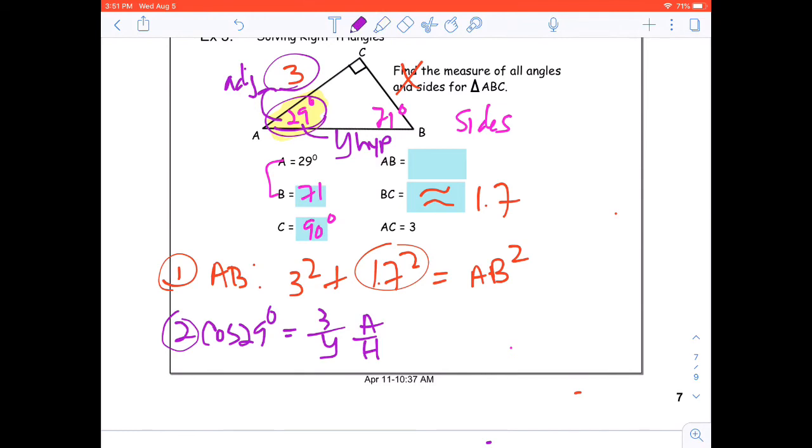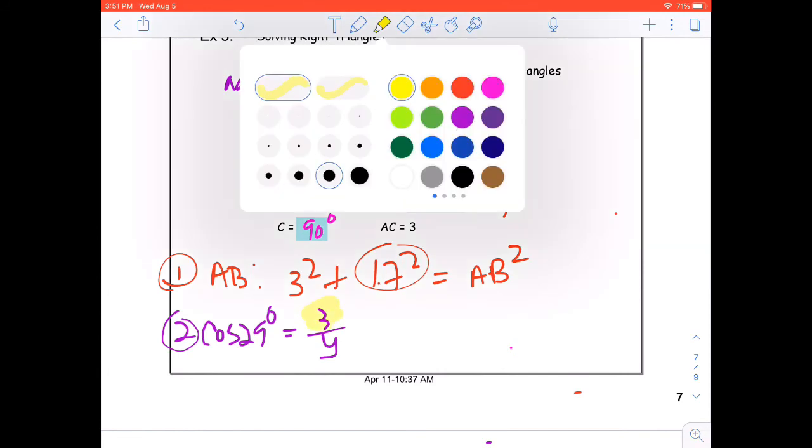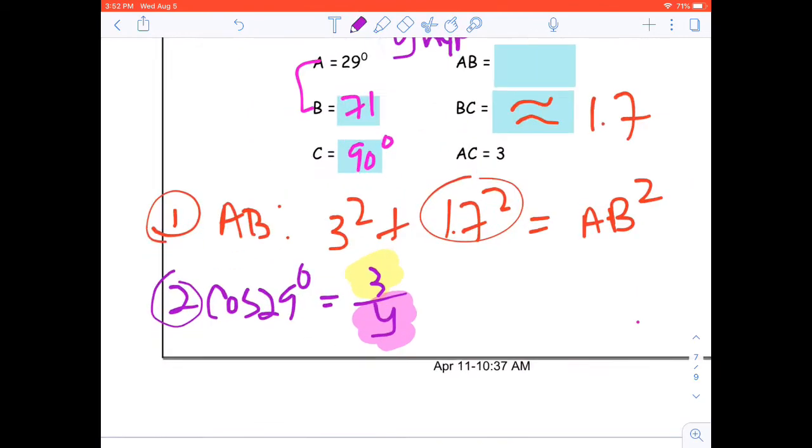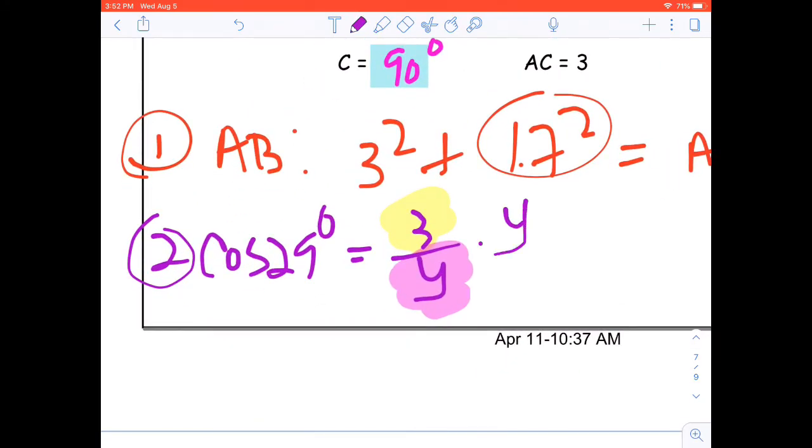Another reason I wanted to show it to you this way is that in the previous problem, our variable was in the numerator. But in this problem, our variable is in the denominator, so I just want to go over that algebra. I'm going to multiply both sides by y to get rid of the rational expression.